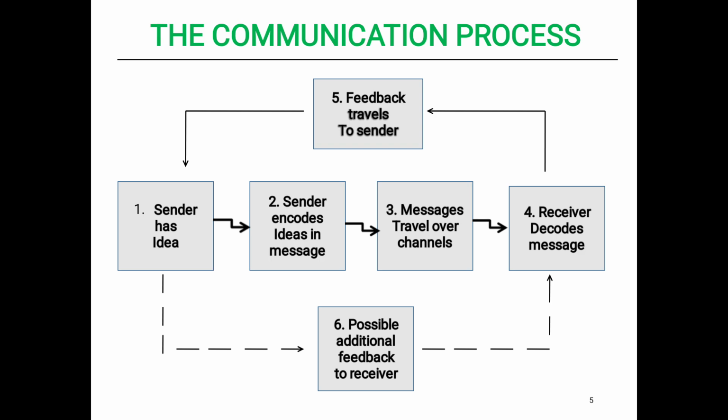For example, if the person is not getting the message, that person definitely will be asking questions to clear his understanding of the message. But if that person has completely understood the message and still wants to share some feedback on the message, that is this additional step which is called feedback travels to sender.